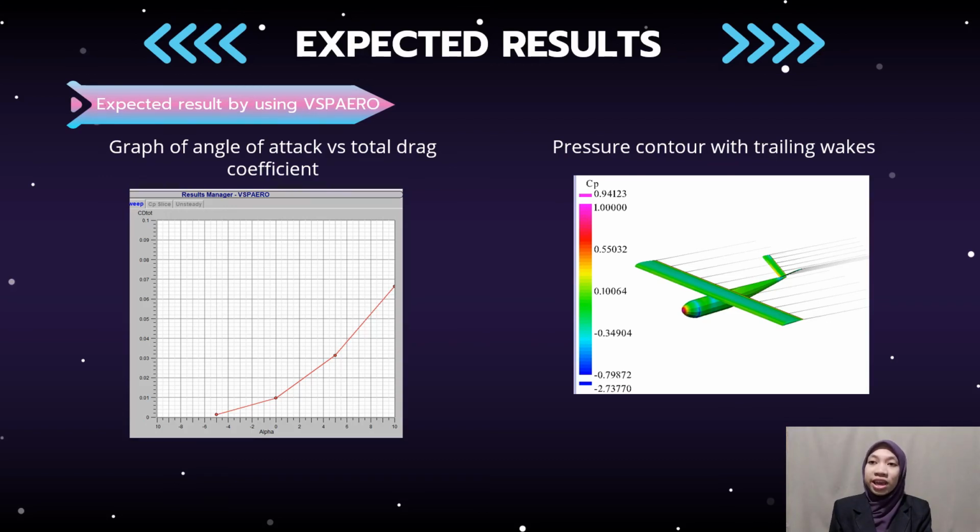The graph of the angle of attack versus total drag coefficient of the UAV is expected to look like what is shown in the slide. The next picture shows the expected result for the pressure contour with trailing wake.